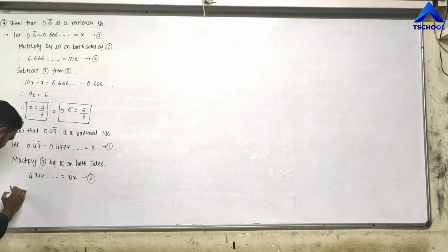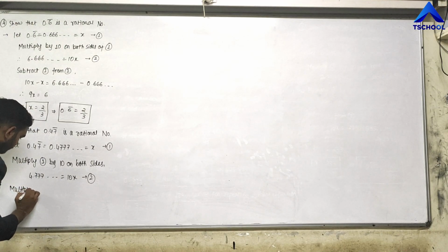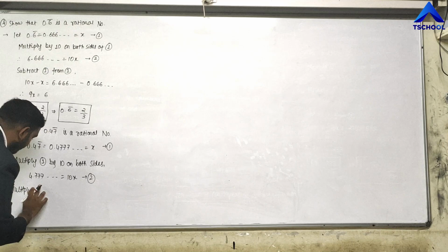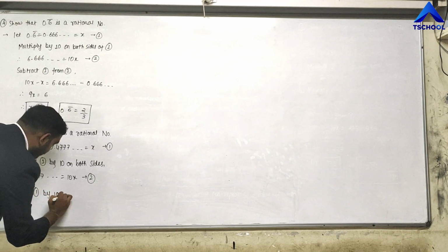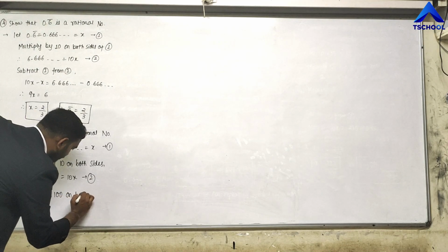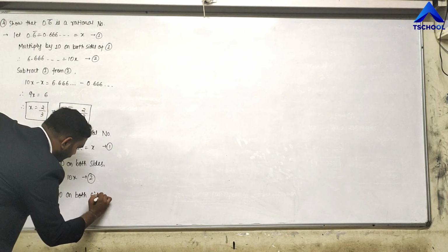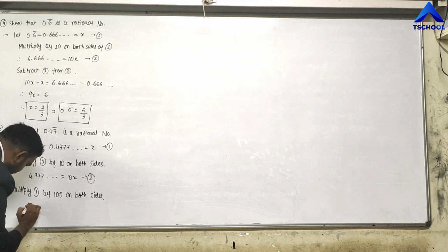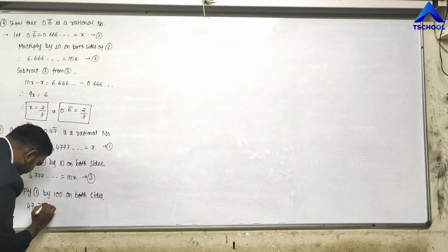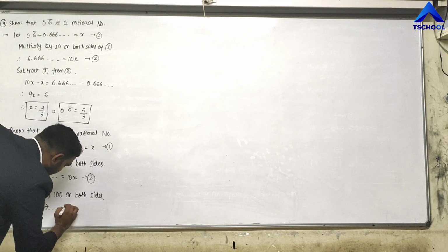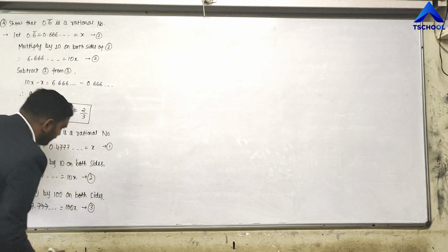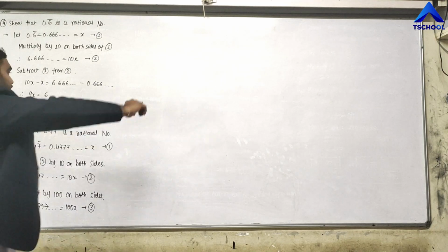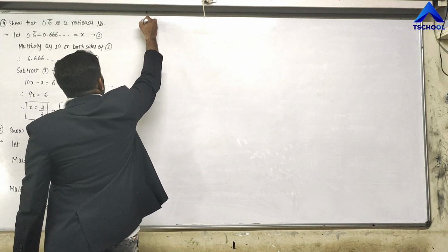And multiply equation 1 again by 100 on both sides. So what we get is 47.777... equals 100x, that is number 3.